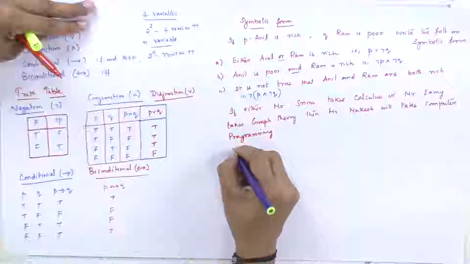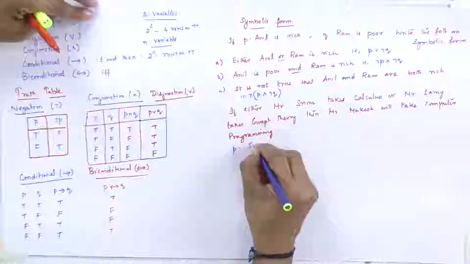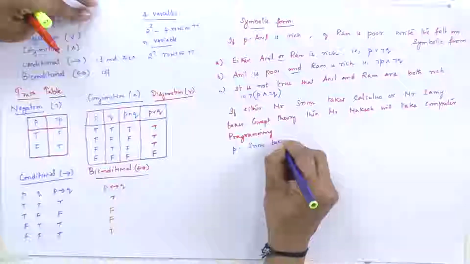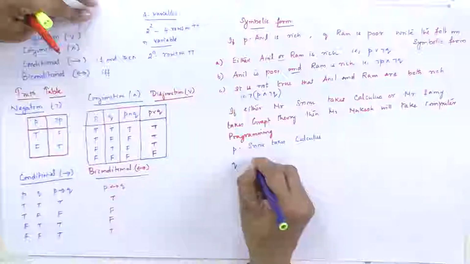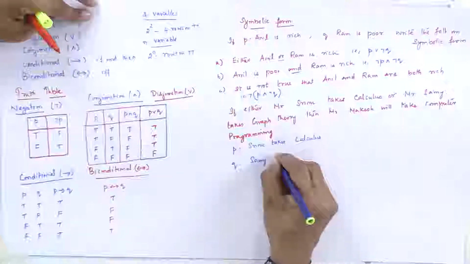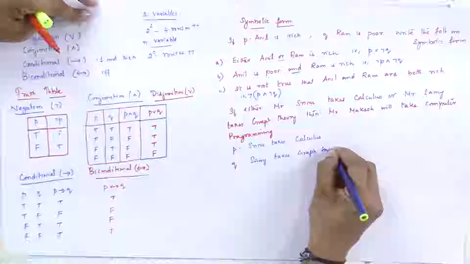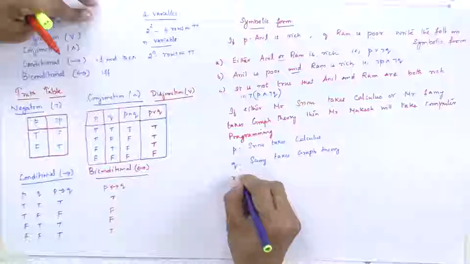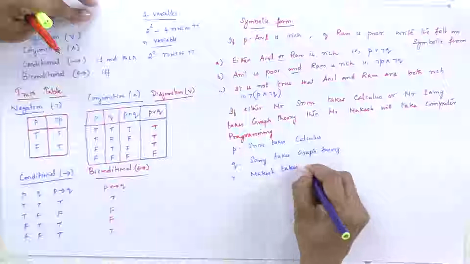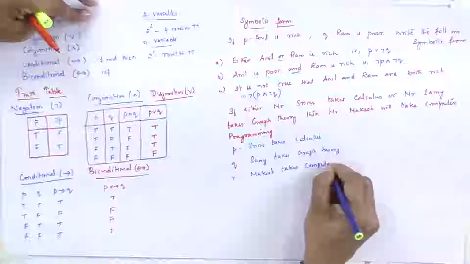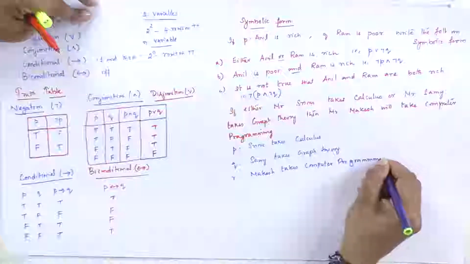Srinu takes calculus, let it be P. Next is Sami takes graph theory, and Magesh takes computer programming. So these are the three keywords which we have identified in the given statement.